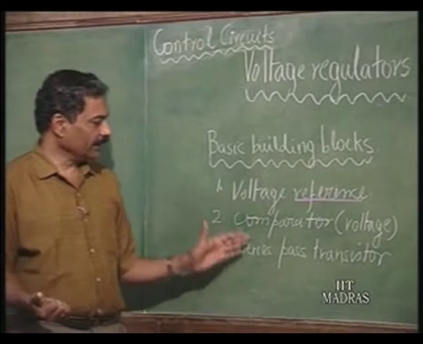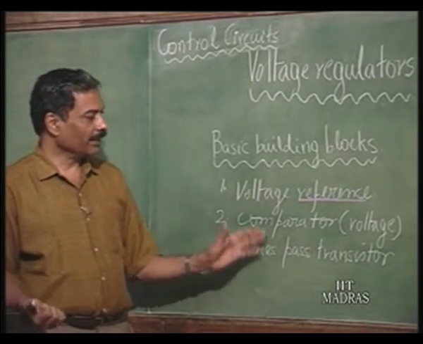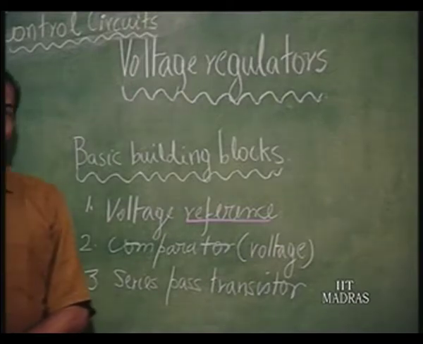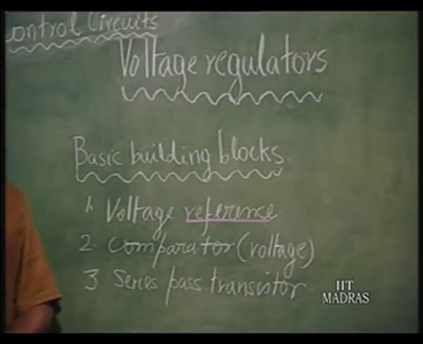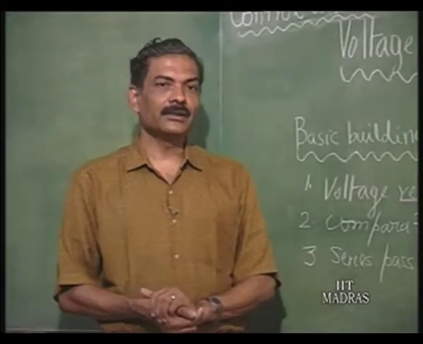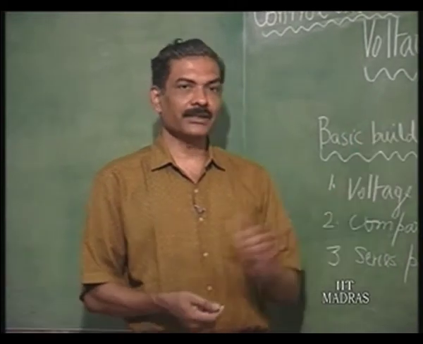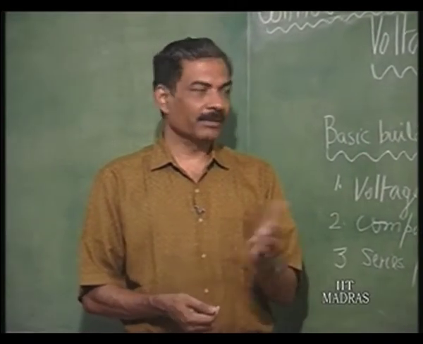So, these three things form the basic components of the so-called voltage regulator, which is one of the largest volume sales as far as circuits are concerned. Integrated circuits are available now as fixed voltage regulators or variable voltage regulators.